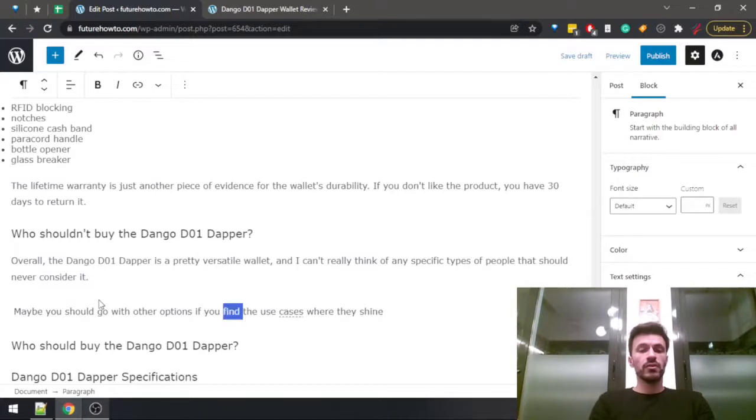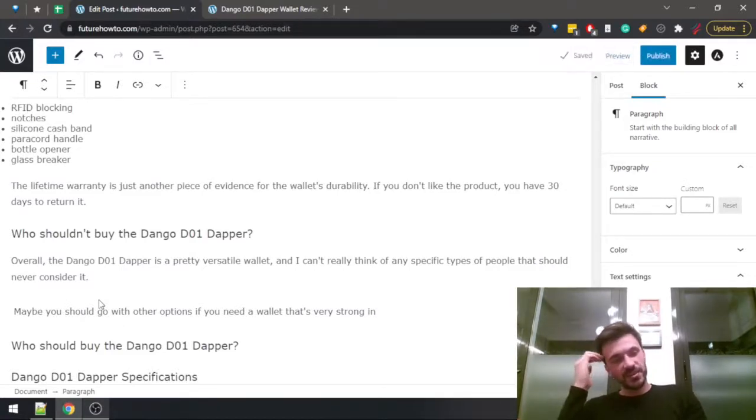If you need, maybe you should go with other options if you need a wallet that's very strong in, what am I trying to say here? Maybe you should go with other options if you need a specific wallet that shines in a particular area.